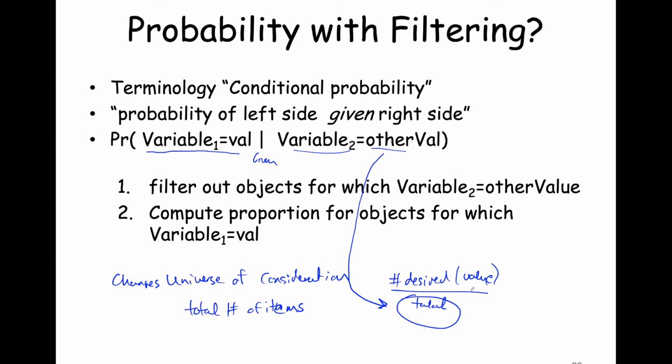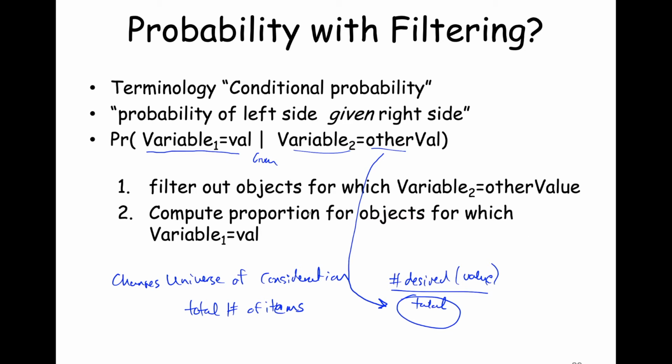And you'll see in general that when you have a condition, something known to be true, that's going to increase the chances of that expression, or that part of it in the numerator, what's desired. Because by decreasing the universe of consideration, this total, this denominator, going back to first principles, your chances, the probability, are going to increase. And so now, once you filter out objects for which variable 2 is equal to other value, your universe of consideration is updated.